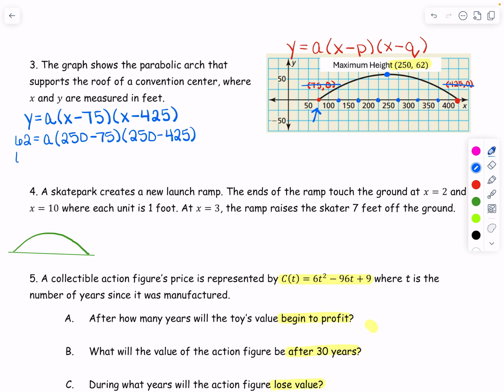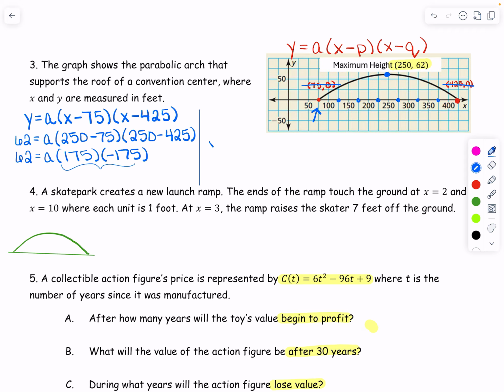So on this one, I've got 62 equals A times 175 times negative 175. Okay, so these two here, we are going to multiply together.